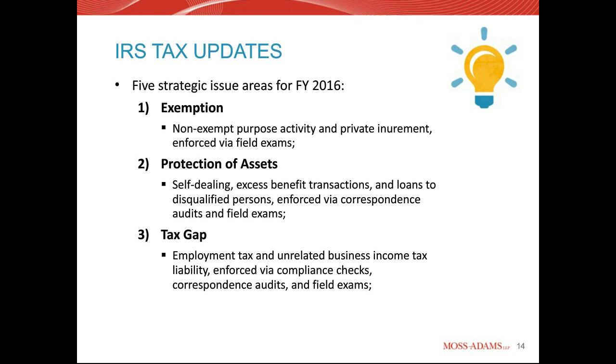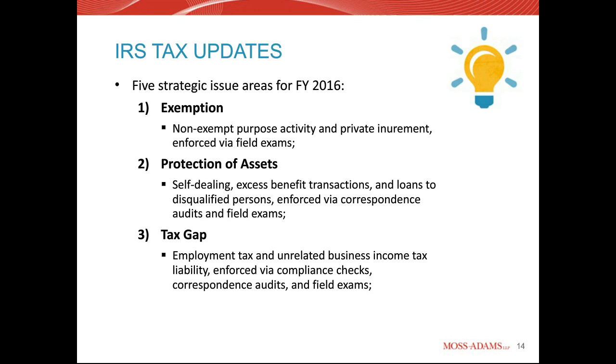Well, when the IRS completed their college and university report, their final report, unrelated business income tax was a huge finding, that there were a lot of errors going on with the universities. They figure everybody's doing this, not just the universities, but some of the key areas were allocation of expenditures and net operating losses.